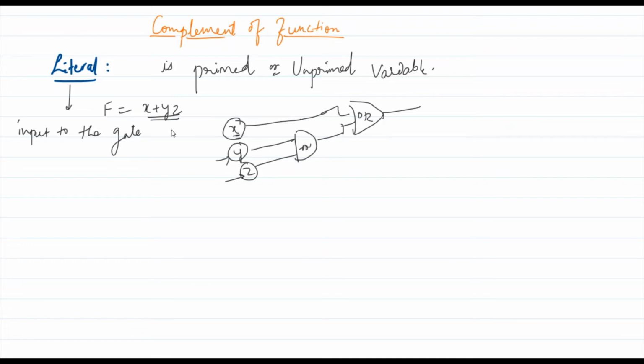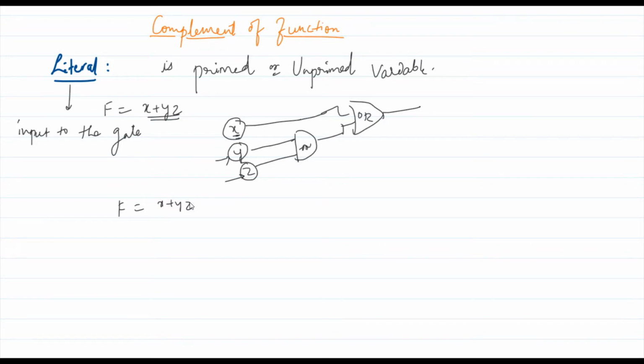Now we have to discuss complement of a function. Already you know what a function is and how to simplify the given function. The example which I have taken right here is f equals x plus yz. What is the complement of a function?